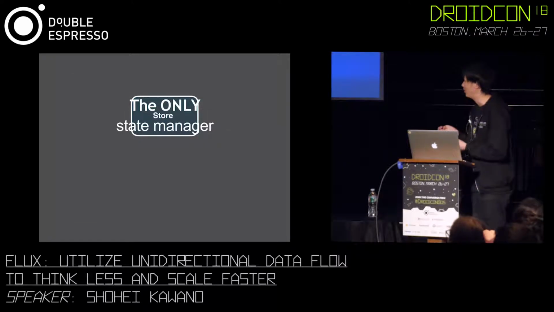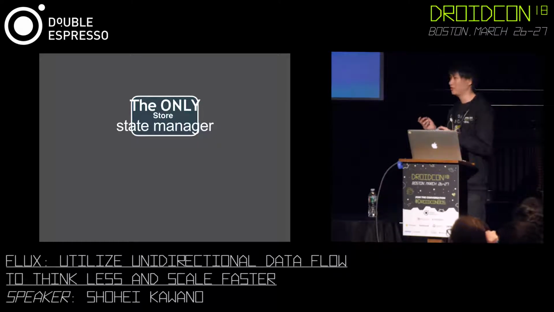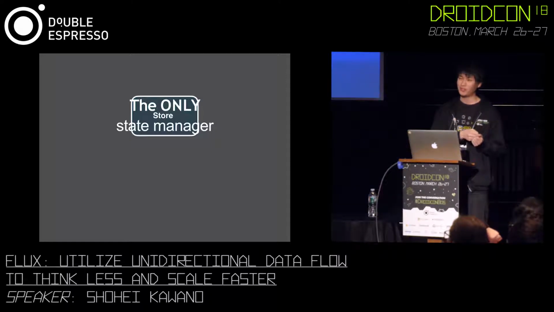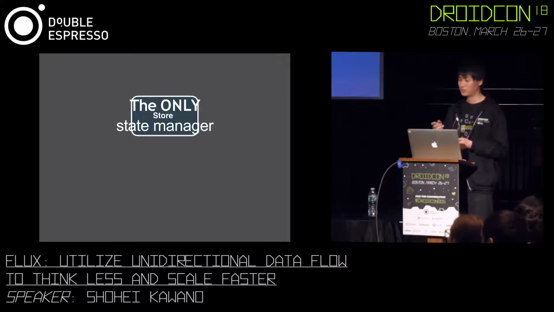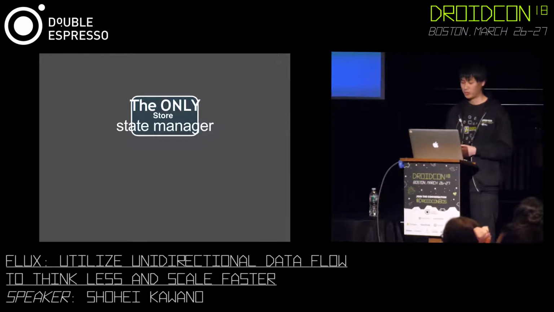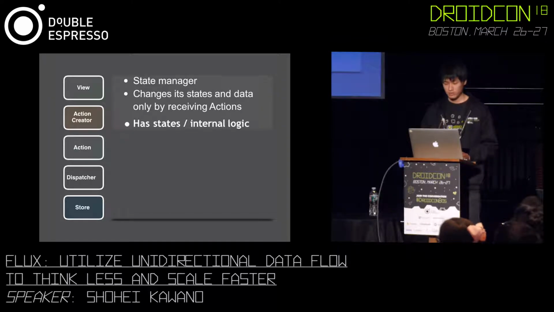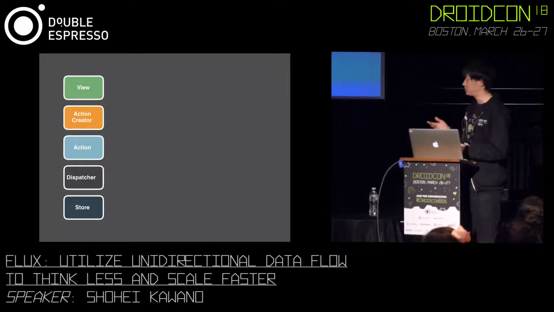And this is important, so I just wanted to clarify. As we go through, you may wonder in which component, like action creator or store, you need to put the logic inside. When you wonder, the store is the place where you need to put logic or state. So these are the 5 components of Flux architecture.